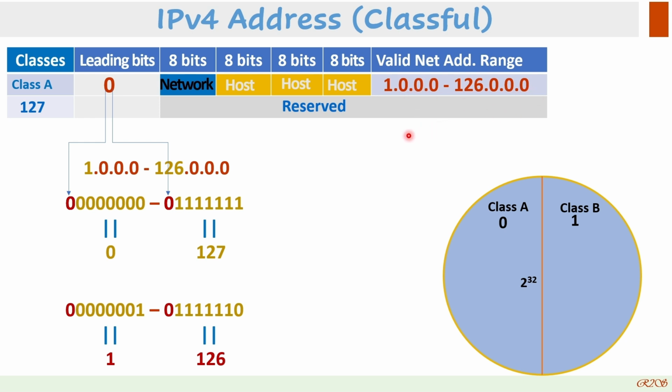So again, in class A networks, the network bits are the leftmost 8 bits, and the remaining 24 bits are used for hosts. The valid network address range in class A is 1 to 126. The reason is that the leading bit is always 0, so the leftmost bit is always 0.